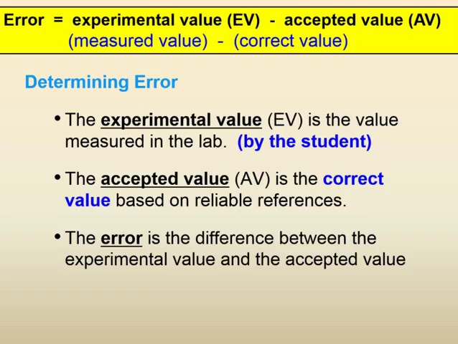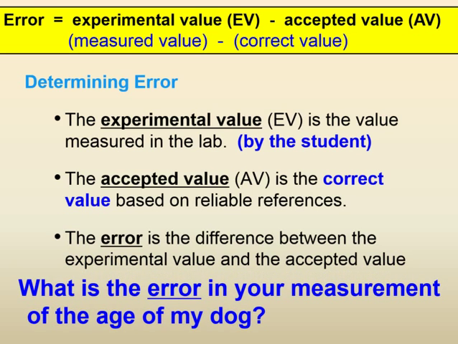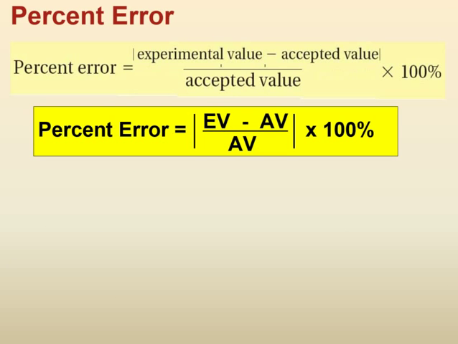That's the experimental value. And you're going to calculate the difference between that experimental value and the accepted value, which is the true value that she's actually 42 months old. The error is the difference between those two values. So what is the error in your measurement of the age of my dog?